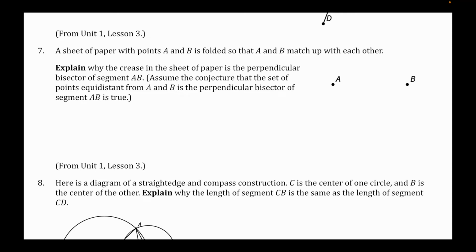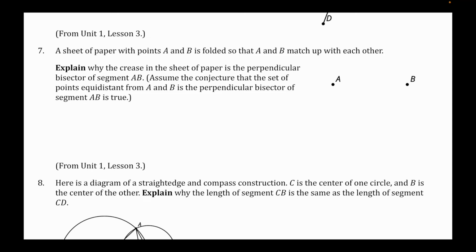They want us to explain why the crease in the sheet of paper is a perpendicular bisector of segment AB. They then tell us to assume the conjecture that the set of points equidistant from A and B is the perpendicular bisector is true. So they're saying we're allowed to say that the perpendicular bisector is that set of all the points an equal distance away.